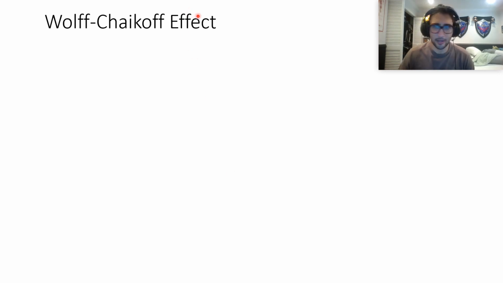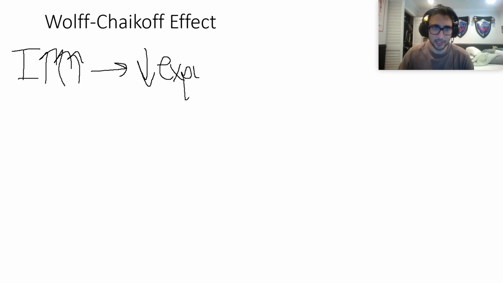So the Wolff-Chaikoff effect represents the following. When iodine is increased, like excessively increased, you have decreased expression of a couple of genes, including DUOX, the symporter that I talked about earlier. Remember I had said how iodide inhibits the symporter, et cetera, and there were a few other things involved.